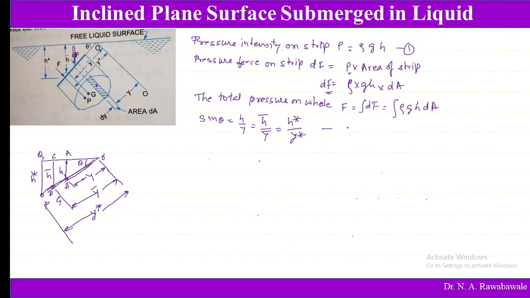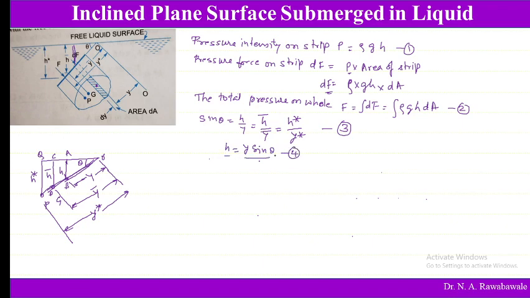So this is equation number 2 and this is equation number 3. Now from this equation we can write h is equal to y sine theta. We call this equation number 4.